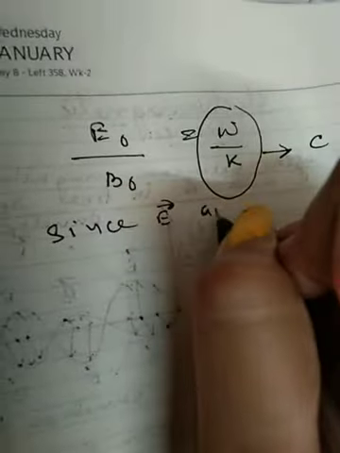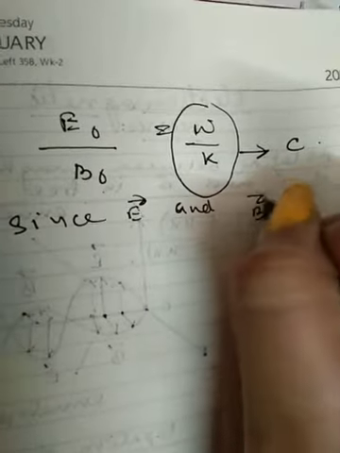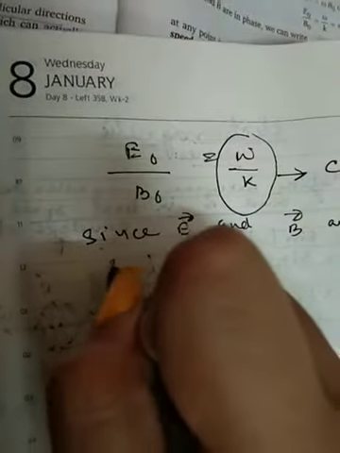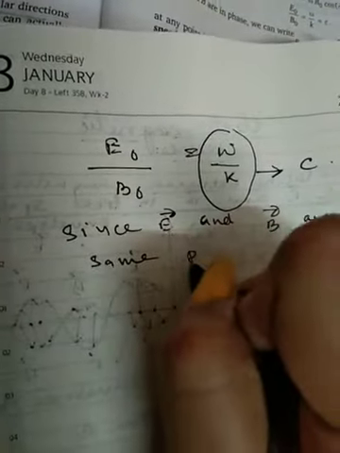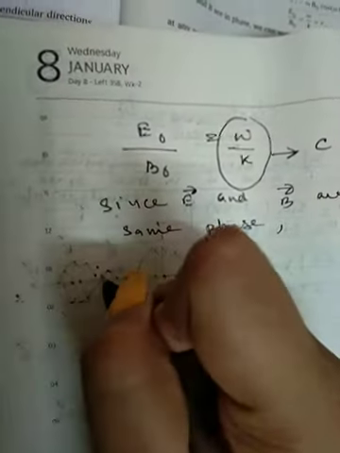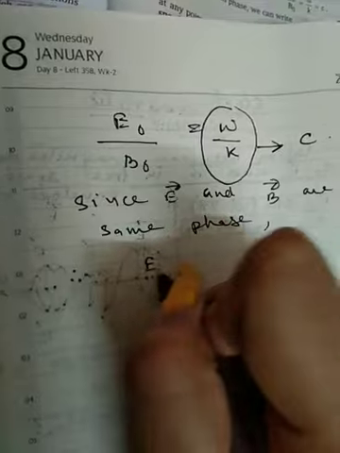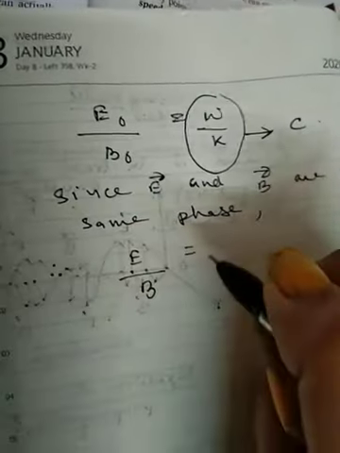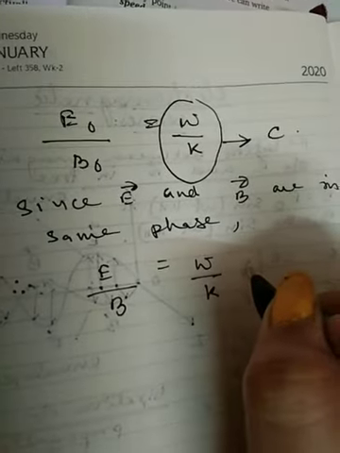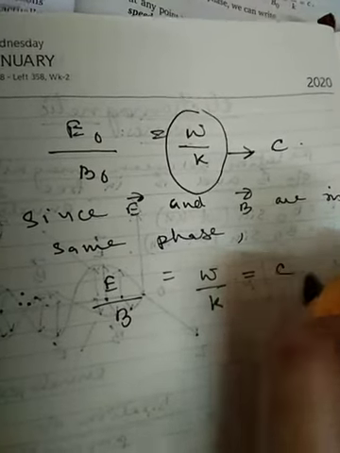Since E and B vectors are in the same phase, you can also write it as E by B is equal to omega by k, which is the constant.